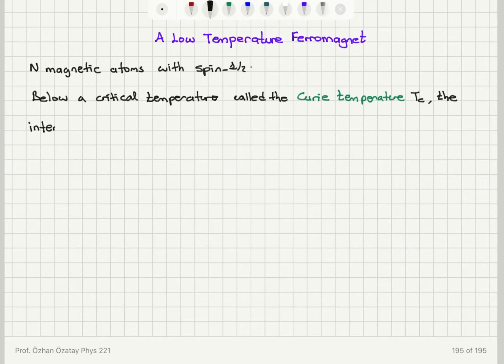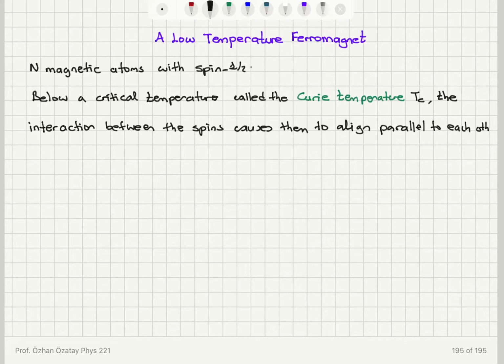The interaction between the spins is basically going to force them to align, causes them to align parallel to each other. This is the exchange interaction. This type of ordering is called ferromagnetic ordering.